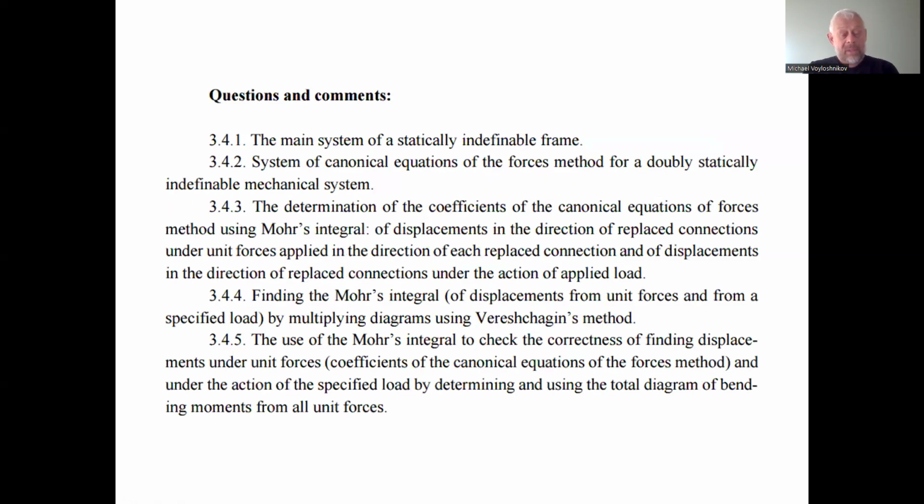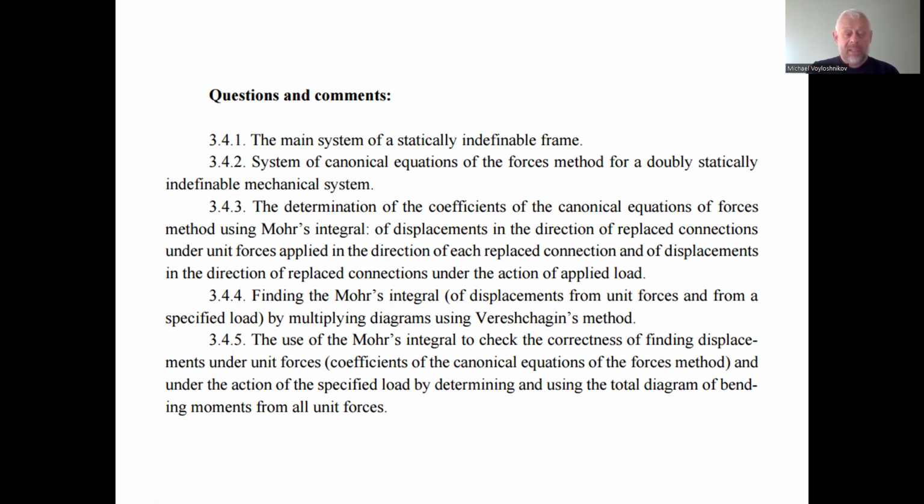So, questions and comments. The main system of a statically indeterminate frame. First of all, we have to determine the number of the static indeterminacy of the frame, to understand how many deformation compatibility equations we have to use. This number satisfies the number of the equations in the canonical equations.